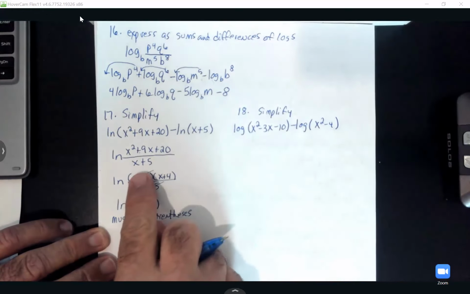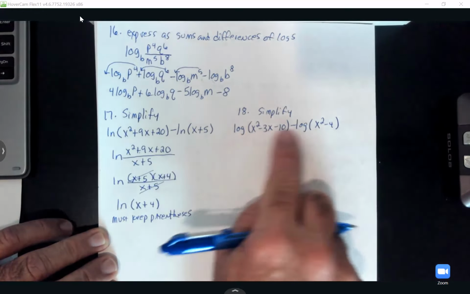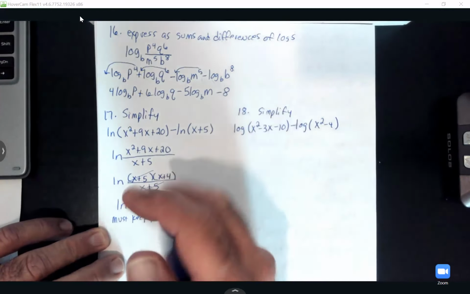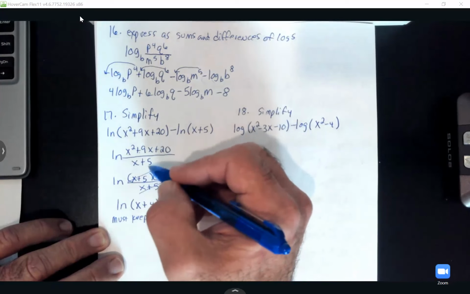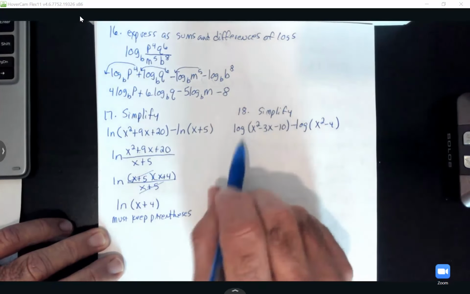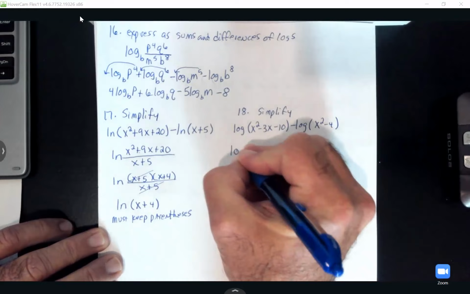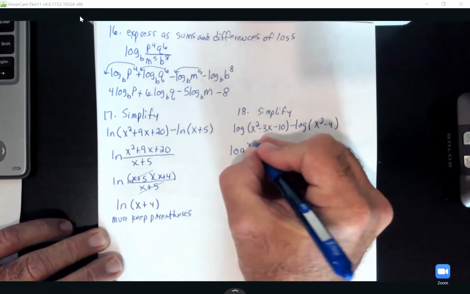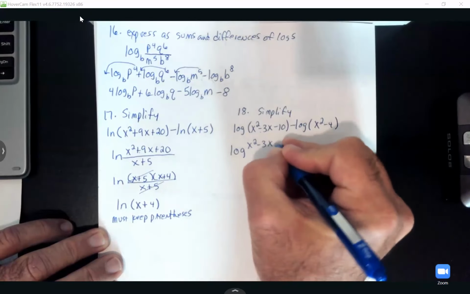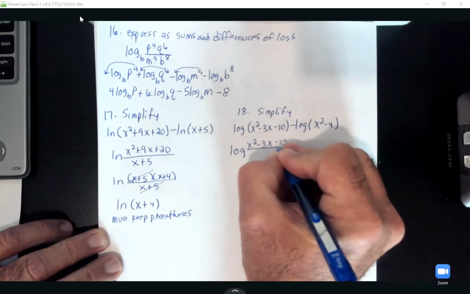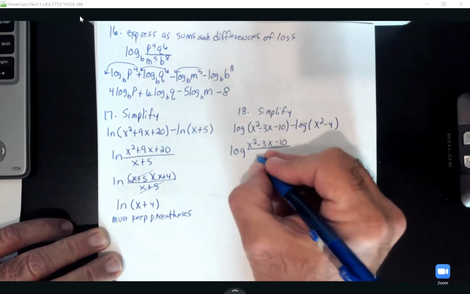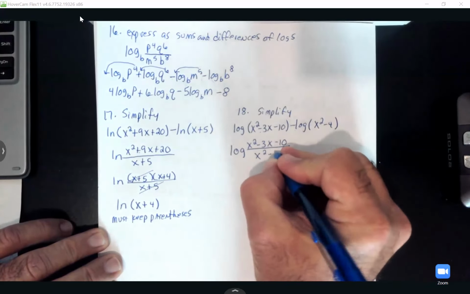So we'll do this one like we did this one to start. We'll write this as a single log, and it's being subtracted again, so it's going to look like a quotient like we had over here. So you're going to bring out your log. So the x squared minus 3x minus 10 will go on top. And then this factor that was being subtracted, the x squared minus 4, goes to the bottom.